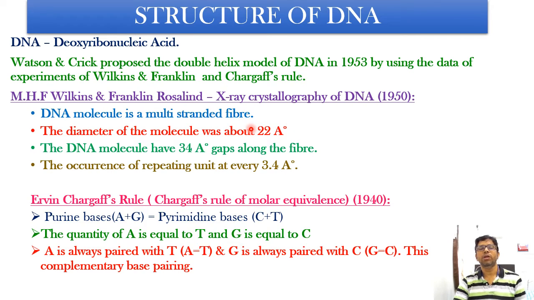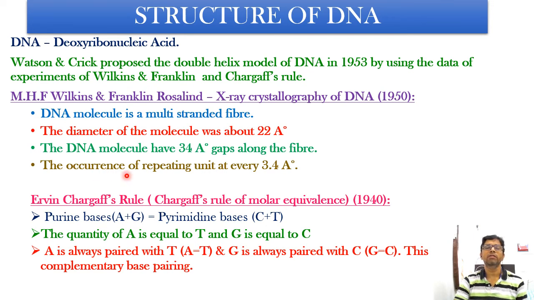And the DNA molecule has 34 angstrom gaps along the length of the fiber. Along the length of the fiber, gaps are present, and each gap measures about 34 angstroms in length. And the DNA molecule has repeating units.